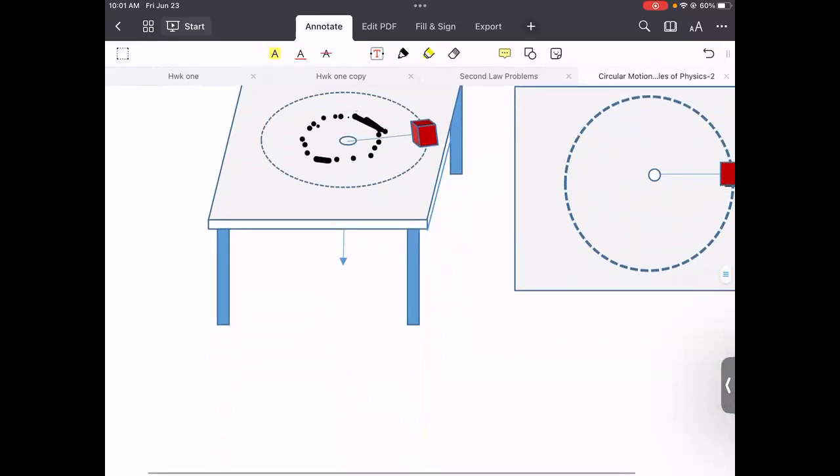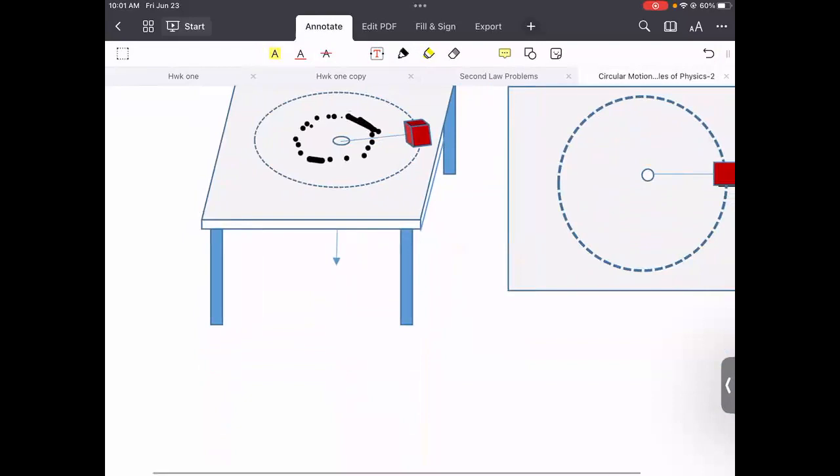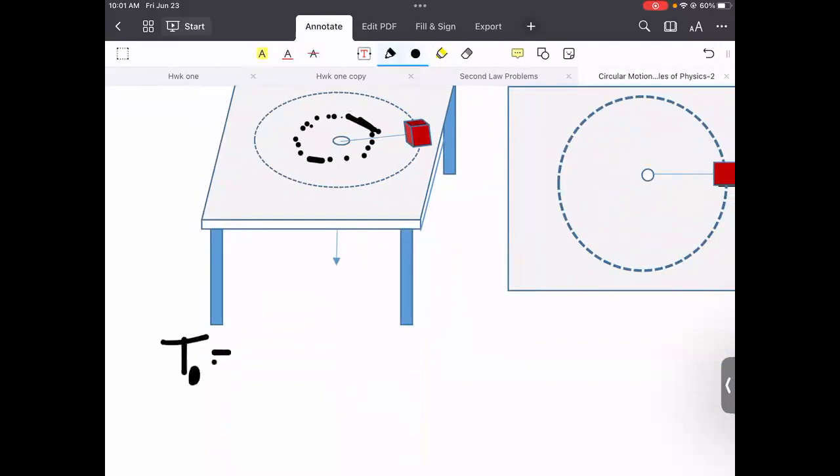So remember, we can go ahead and say original tension will be mass times v squared, which is constant, divided by the original radius of curvature.